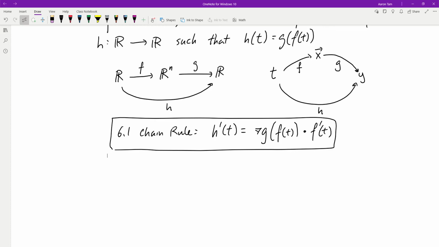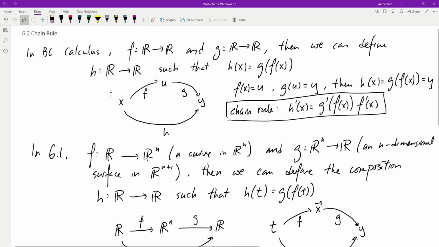Now, one of the interesting things about theorem 6.1 and the BC calculus chain rule is the fact that both of the compositions result in one single independent variable and one single dependent variable. In the case from BC calculus, you are connecting x and y together with an intermediate variable u, the gap between the function f and function g.